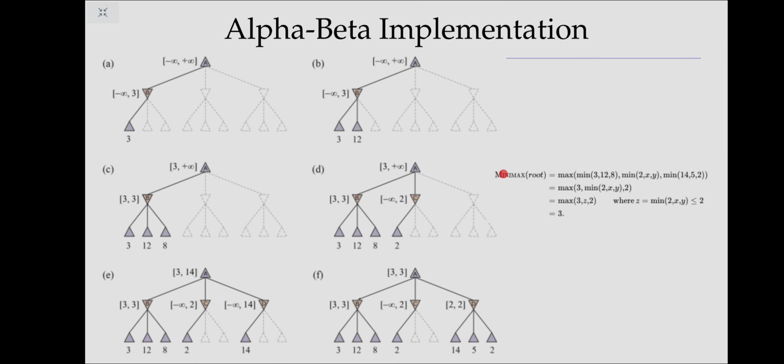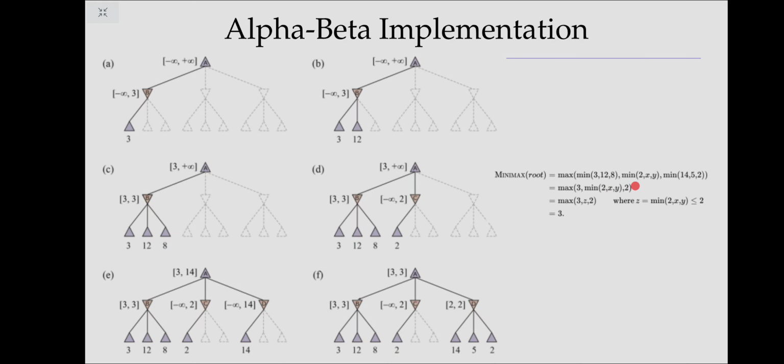To show the details, as you see, the max player calls the root. Root has 3 successors. All of the successors are min operators. Because of that, we use min over the first successor, min over the second successor, and min over the third successor. For the first one, the successors are 3, 12, and 8. For the next, we get the minimum over 2 and others.